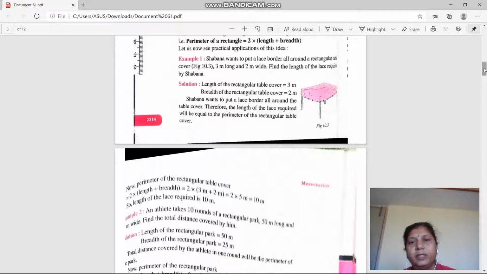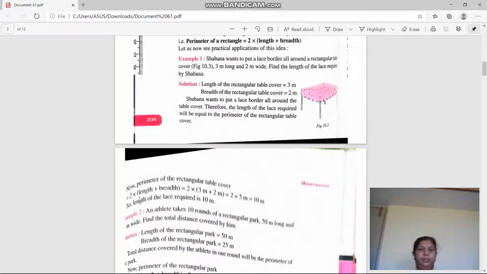Find the length of lace required by Shabana. Now, the lace required means the total distance covered by lace, which means the perimeter of that cloth, that is, the perimeter of the table. What is the length of the rectangular table cover? 3 meter. What is the breadth? 2 meter.